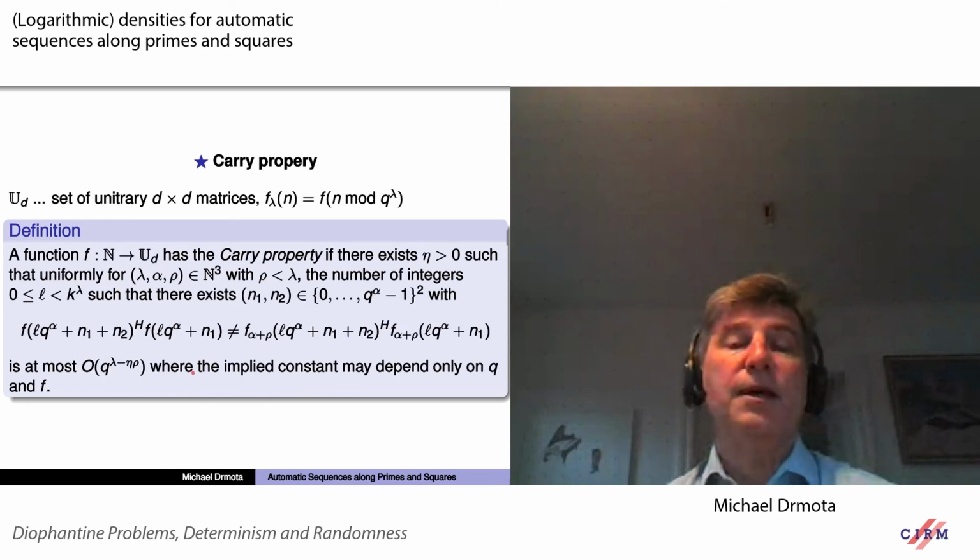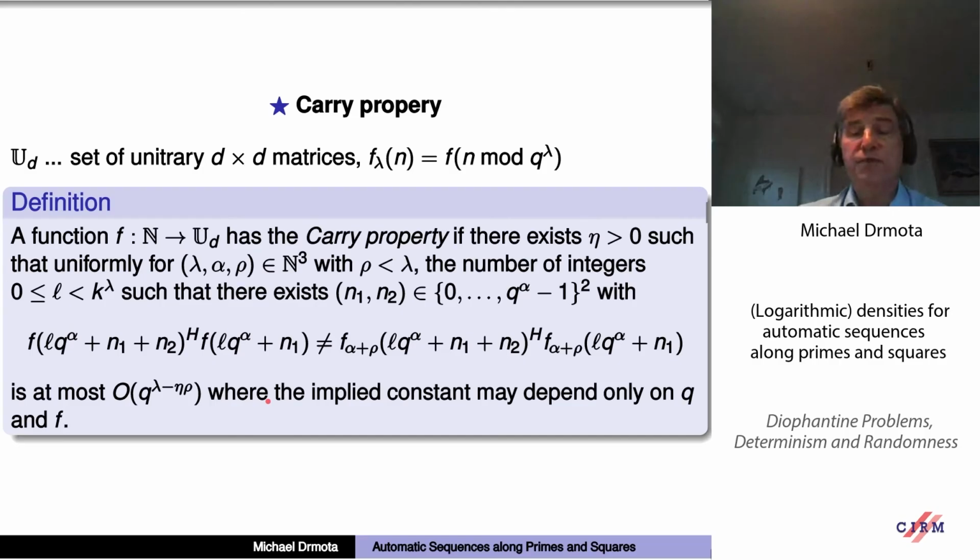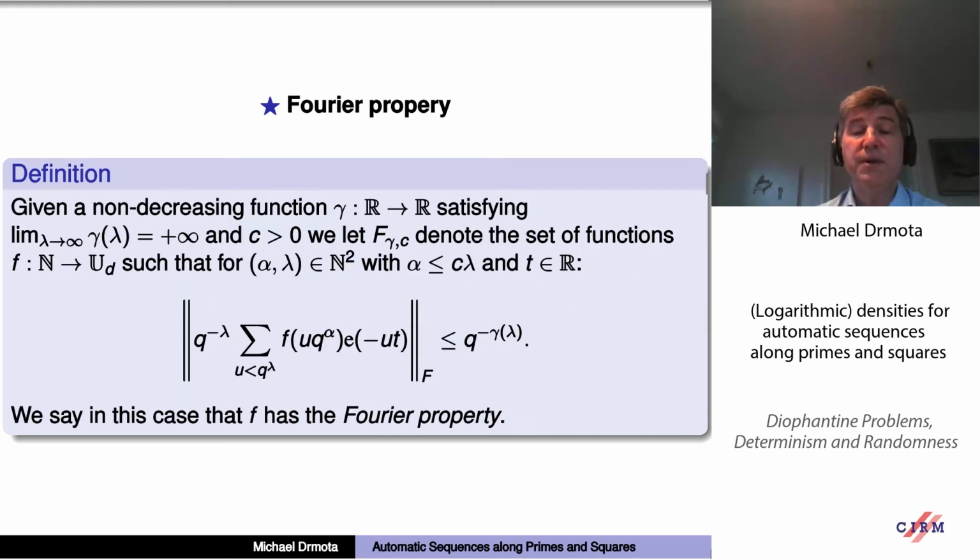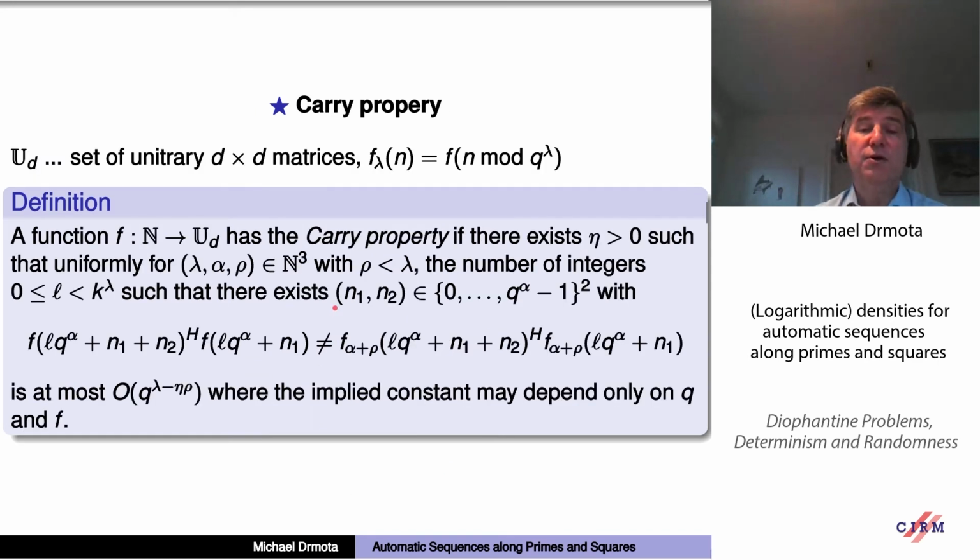Now we have to adopt some notions that go back to Mauduit and Rivat, called the carry property and the Fourier property. I will not explain this in detail. I just want to mention that the so-called carry property says that if we add a small number to a big number, then only very few digits are actually changed, and this should have almost no effect on the function f of n.